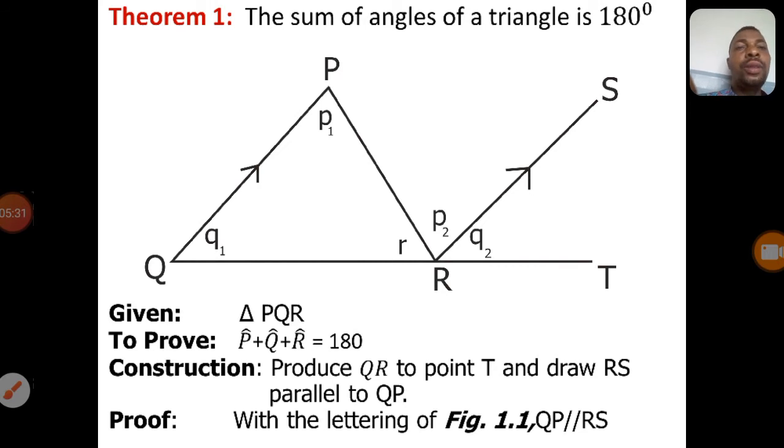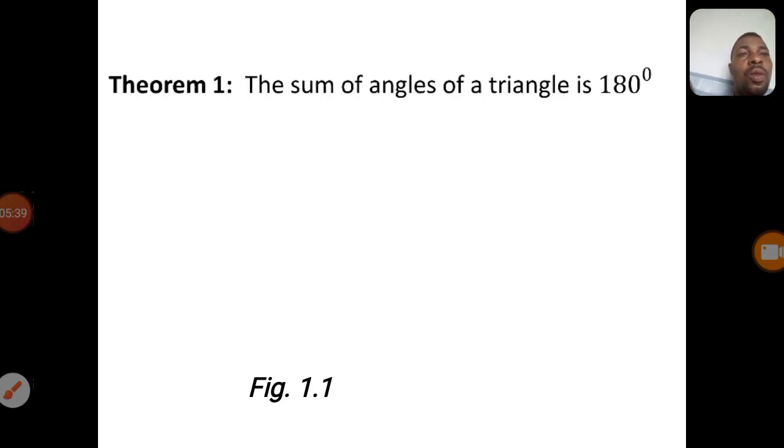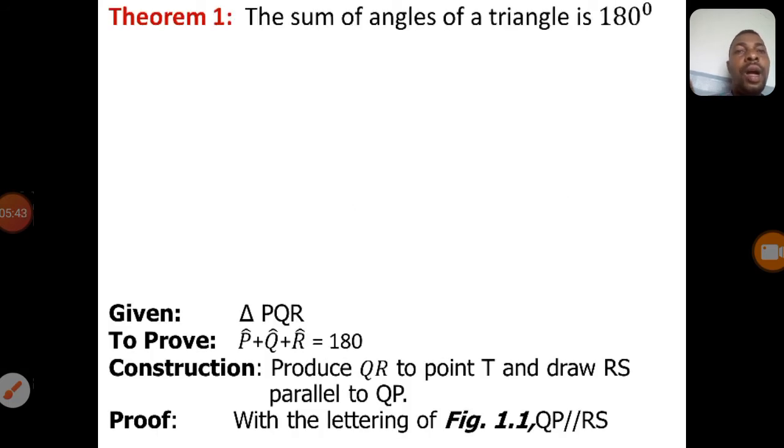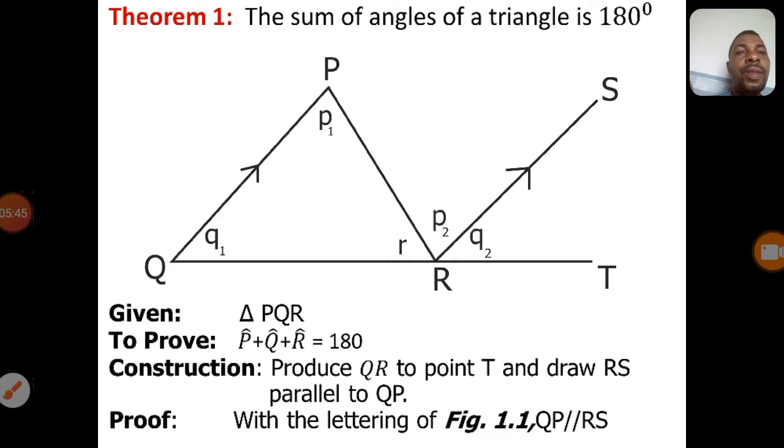So we are given triangle PQR. And we are to prove that the angles of triangle PQR will give us what? 180 degrees.